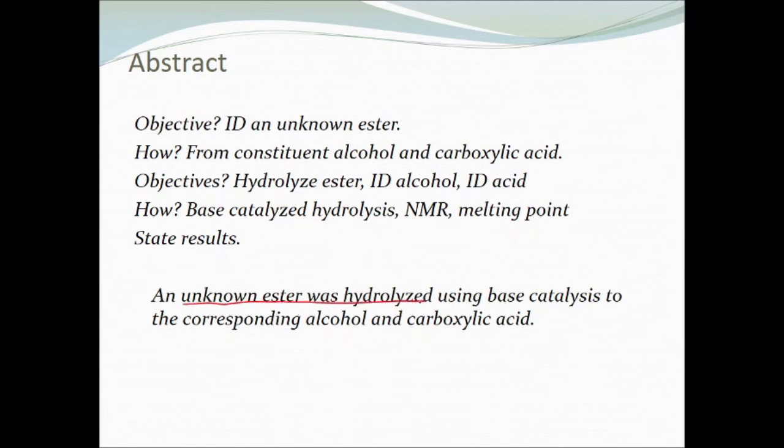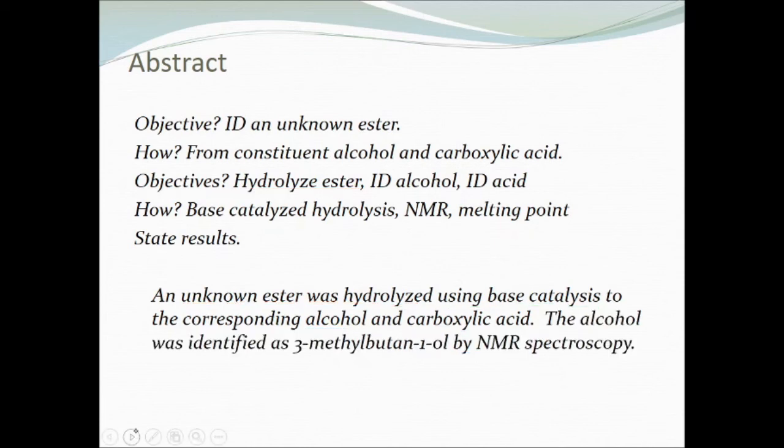We're giving the objective by making a statement of what we actually did. Then, of course, we have to say how we did it. We did it using base catalysis. And then, what were the results? We got the corresponding alcohol and carboxylic acid. And we would do this with the other objectives as well.